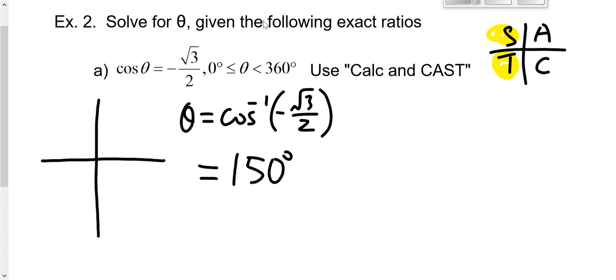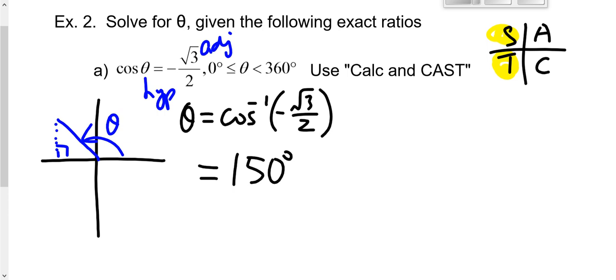Okay, so if you look at this one, cos is adjacent over hypotenuse. We know we have one answer here in quadrant 2. That's angle theta, that's a right angle triangle.